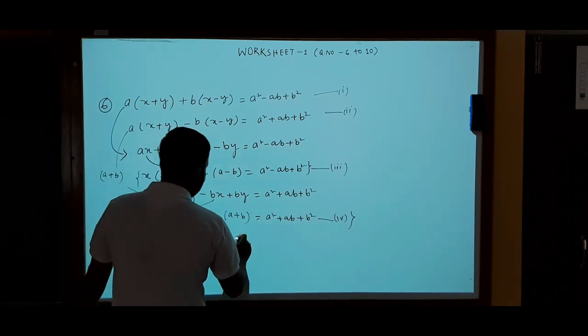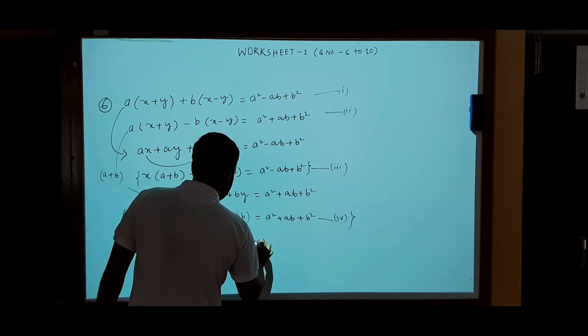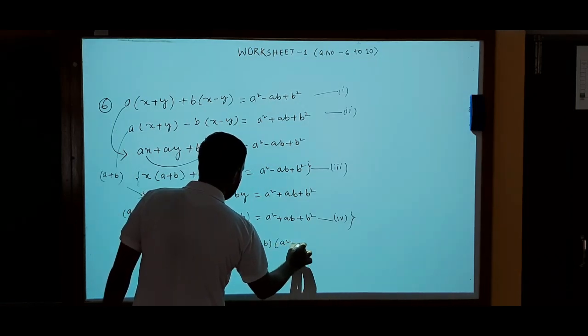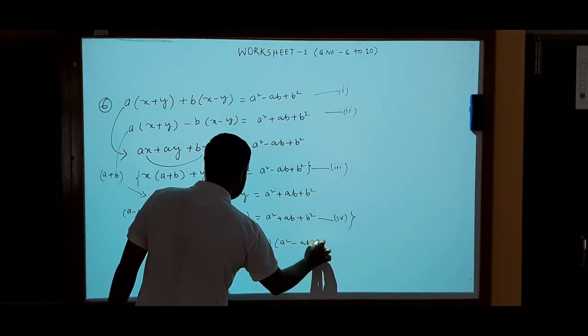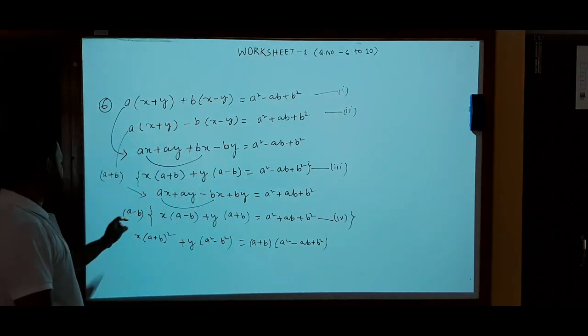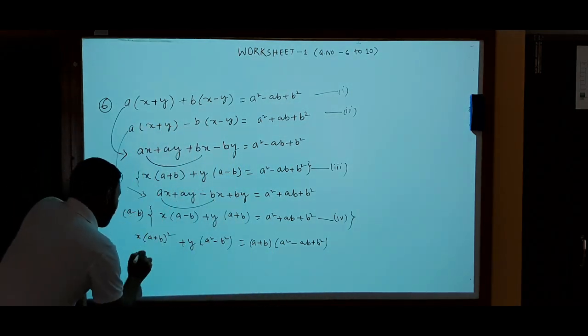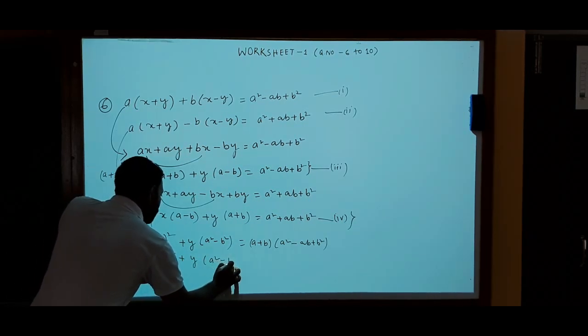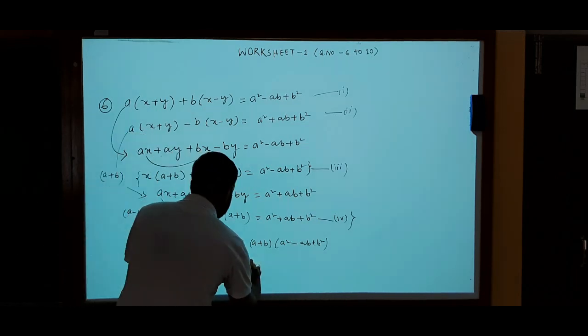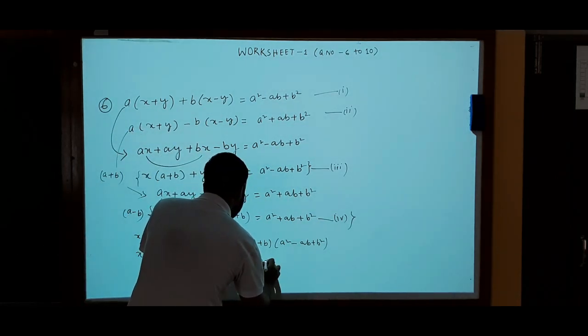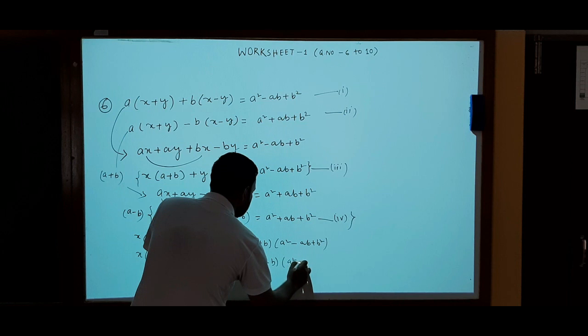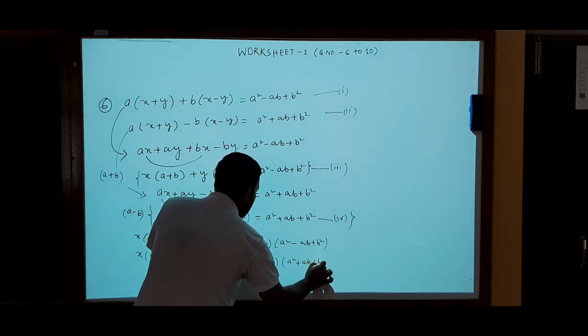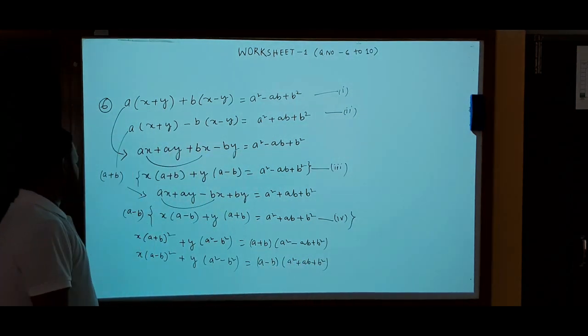And here it is (a + b)(a² - ab + b²). Similarly, here it is (a - b) into x(a - b)², y(a² - b²), and (a - b)(a² + ab + b²).